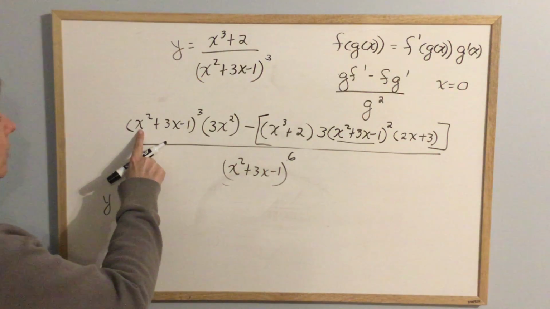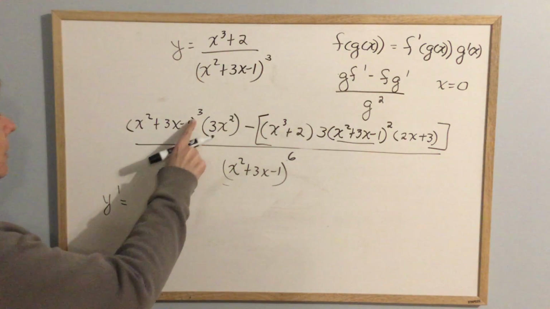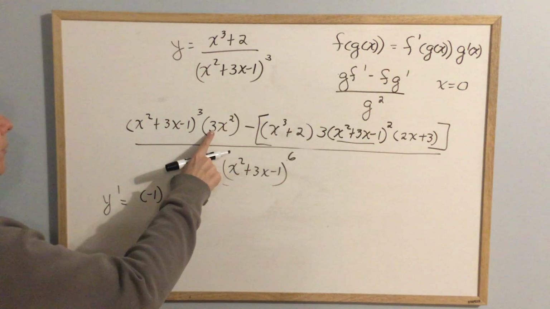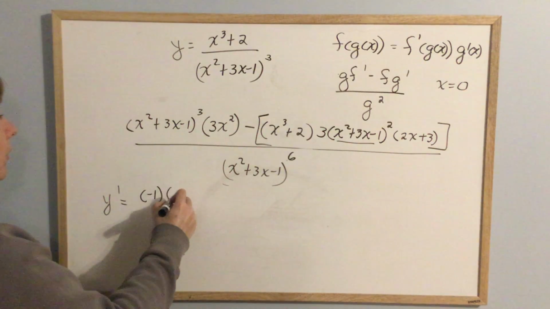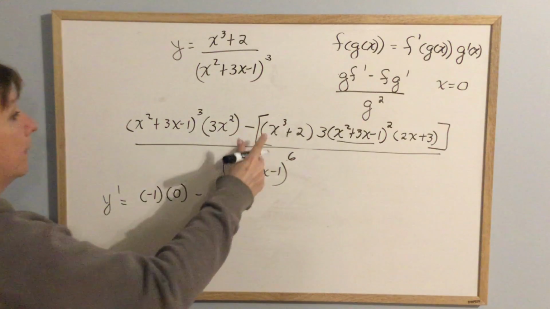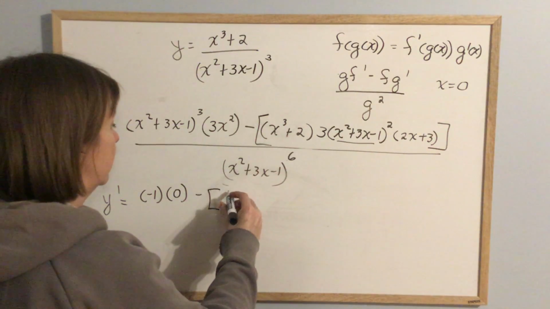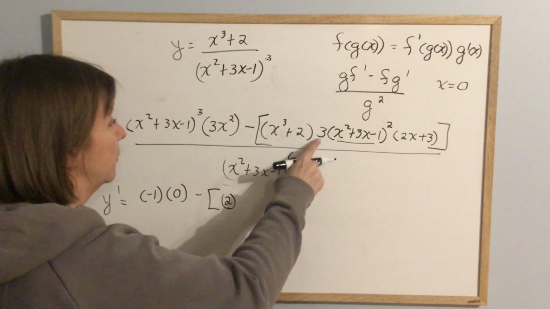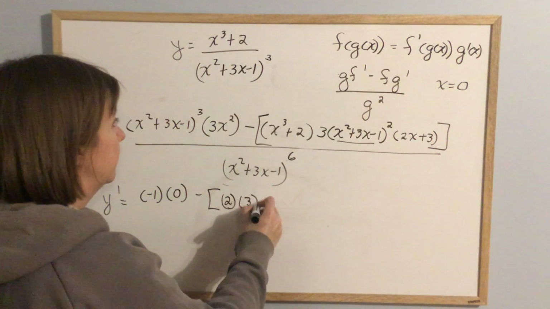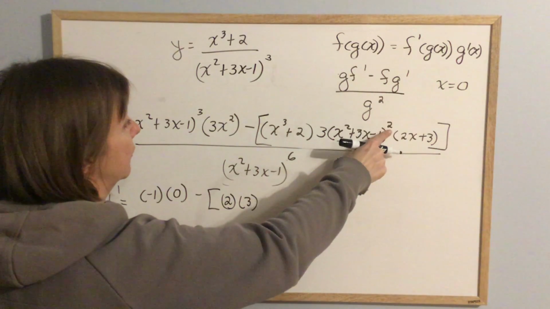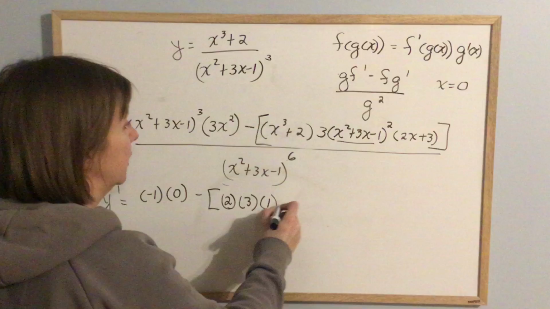This would be 0 plus 0 minus 1 cubed, so that would be negative 1, times 3 times 0 squared, so that would be times 0, minus 0 cubed plus 2 would be 2 times 3. 0 plus 0 minus 1 squared would be 1.